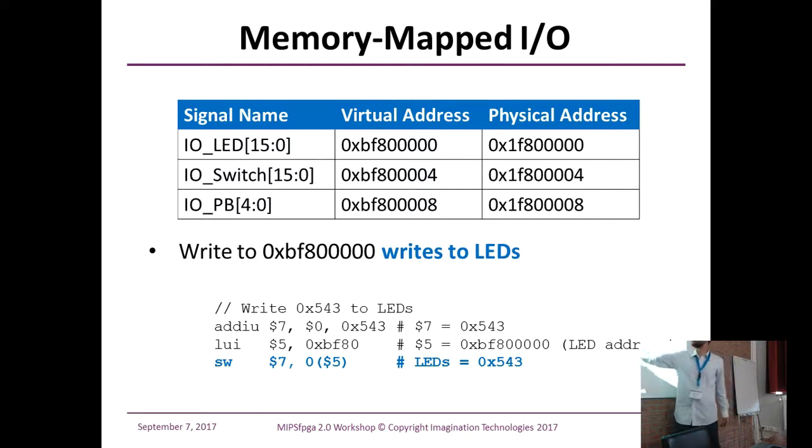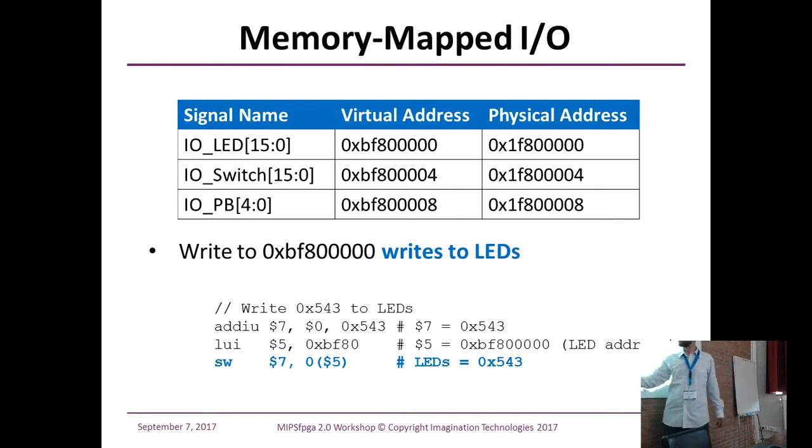If you do an add immediate to $7, that's one of our general purpose registers, with 0x543, it will put 0x543 in $7. Then you do a load upper immediate. This is 0xBF80. This is the virtual address location in the $5 register.